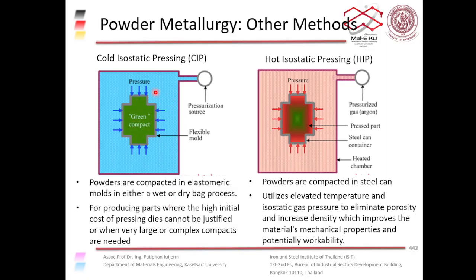A wet bag means you are using water as the main pressure generator. A dry bag is when you're using gas as the pressure generator. It is used mainly to produce parts where the high initial cost of pressing dies cannot be justified.